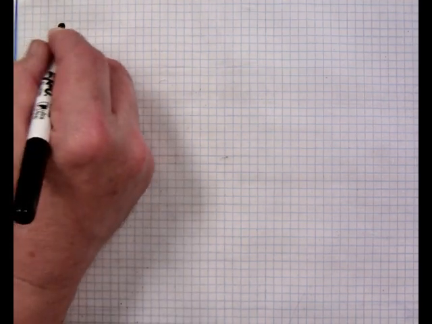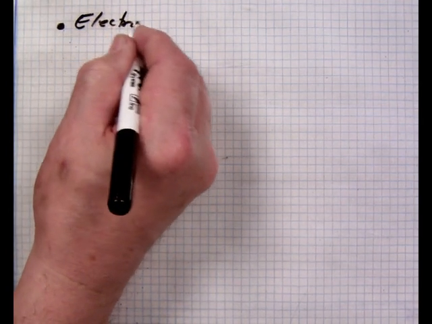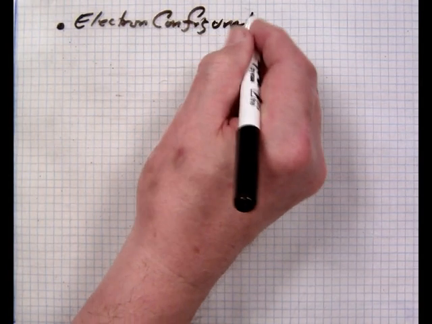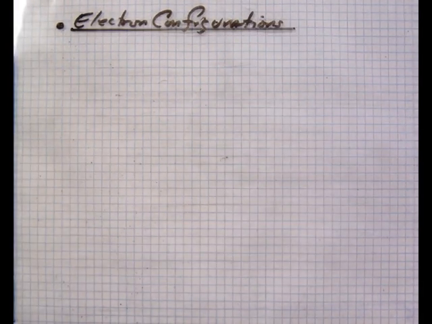Okay. Electron configurations. Electron configurations are just the location of the electron as it's placed into the structure of the atom.